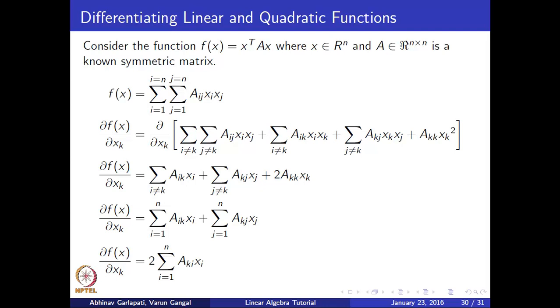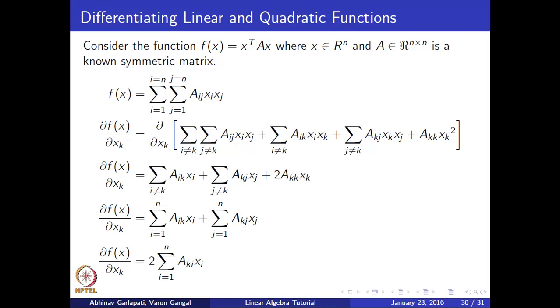Now let's have a look at how one can find the gradient and Hessian for the quadratic form of a known symmetric matrix A. We can write down f of x as sum over i equals 1 to n, sum over j equals 1 to n, aij xi xj. We can split up this summation into 4 terms based on whether i and j are equal or not equal to k.